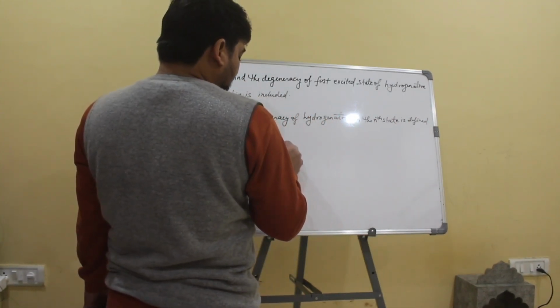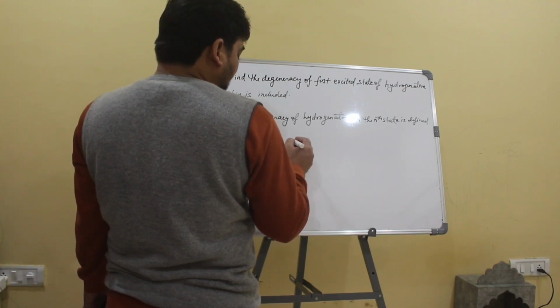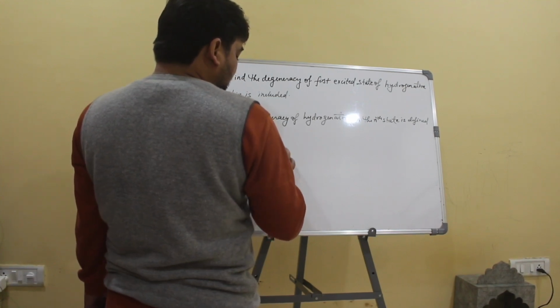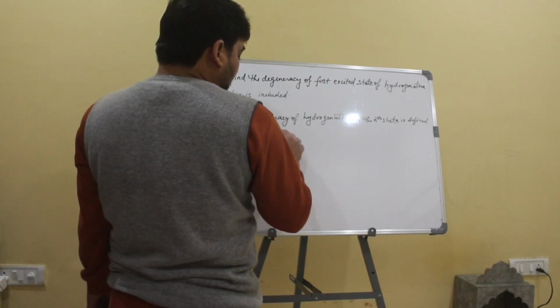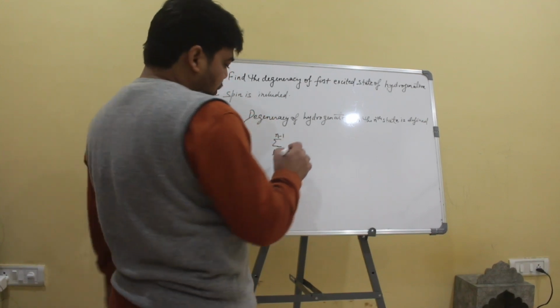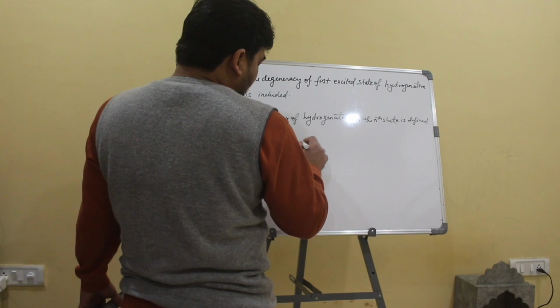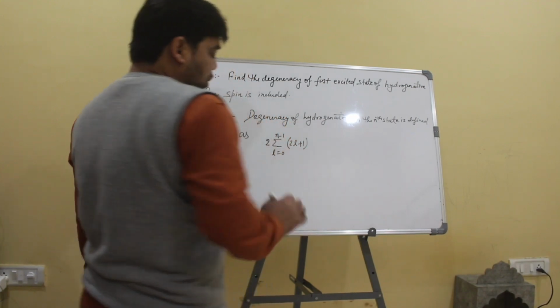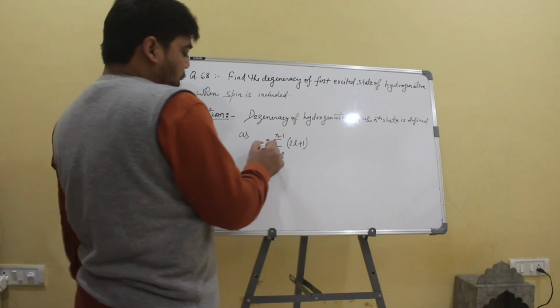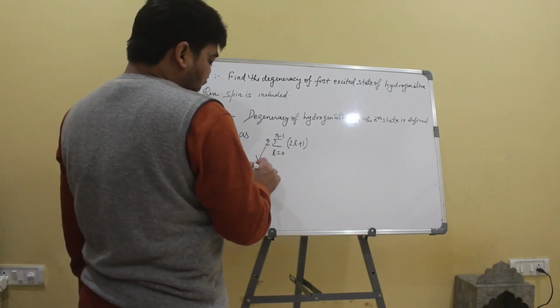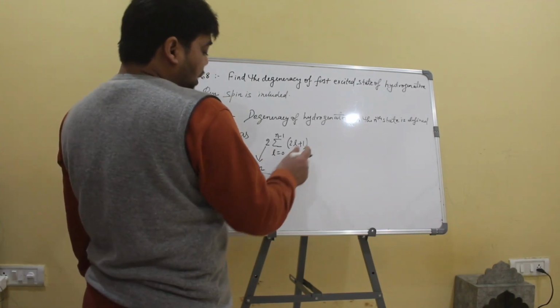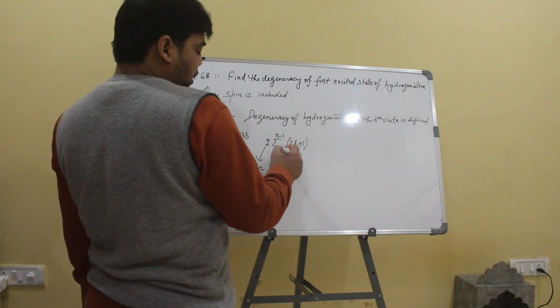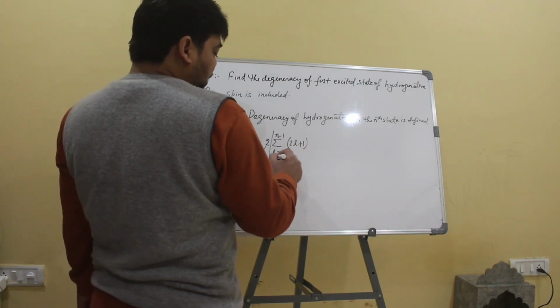summation over L equals 0 to n minus 1 of 2L plus 1, multiplied by 2, where 2 is obviously for the spin part. If spin is not there, then only this part is used, without spin.